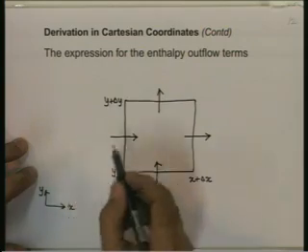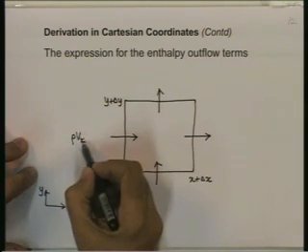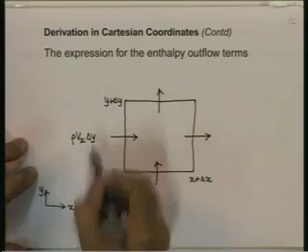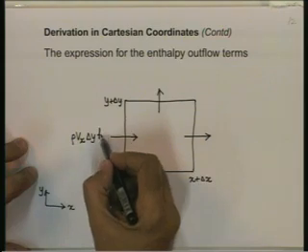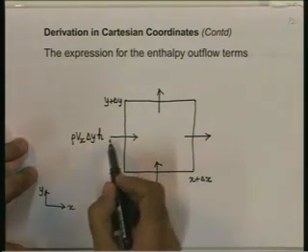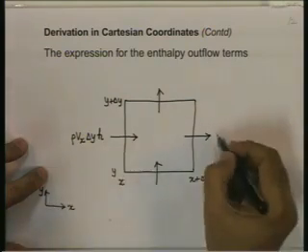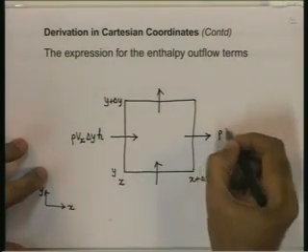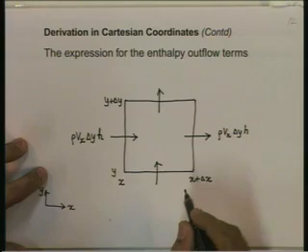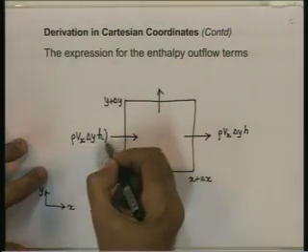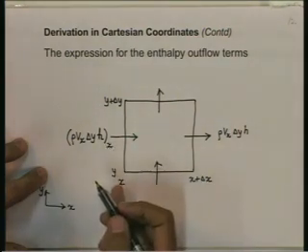Let us look at this term. The mass flow here would be rho into Vx into area, which will be delta y into 1, and the enthalpy which is being carried by that is H. So the enthalpy inflow through this face is rho Vx delta y into H. Similarly, there will be an enthalpy outflow here, rho Vx delta y into H. This is at location x, at the left edge of the control volume.